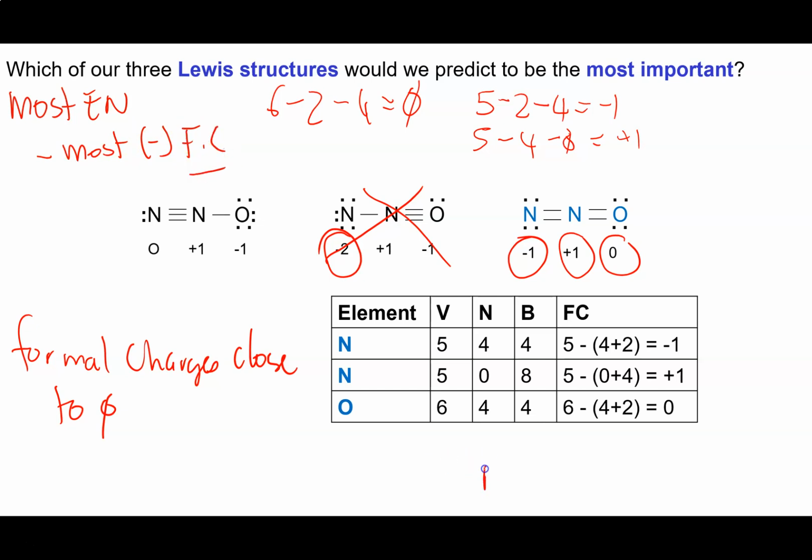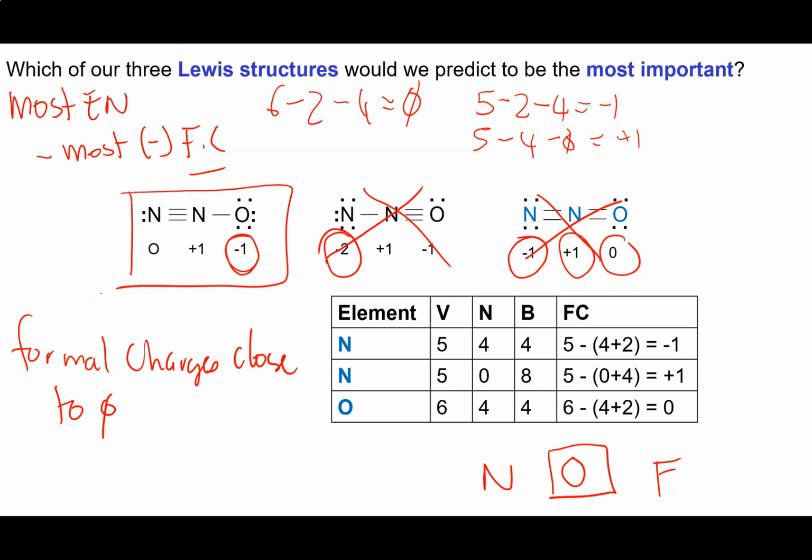So we've got 2 atoms here, nitrogen and oxygen. And oxygen is the most electronegative element of that pair because it's right next to fluorine. So the good formal charges will have the most negative one on the oxygen. So this guy has the most negative formal charge on the nitrogen. That's no good. And then this one, yep, it has the most negative formal charge on the oxygen. So there we go. All right, so it's going to be that one with the triple bond between the 2 nitrogen atoms and the oxygen attached via a single bond.